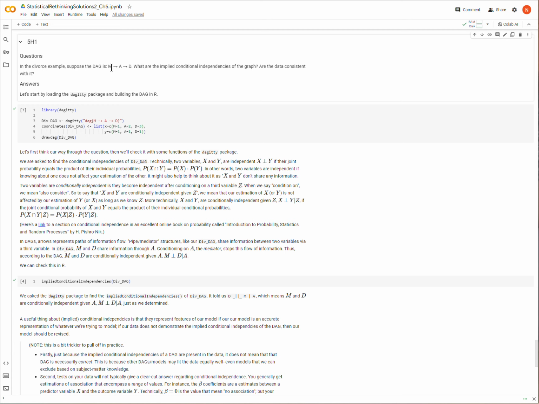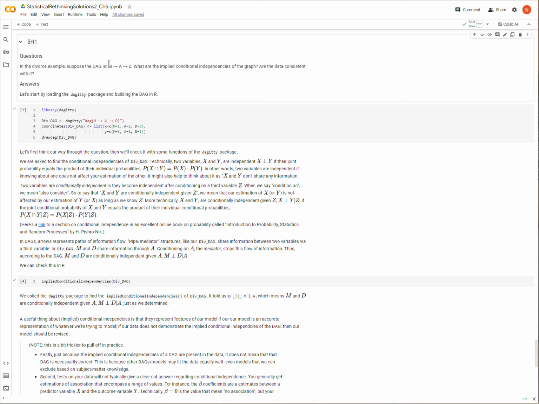And we are supposing that the DAG is this pipe here: M affects A affects D. It asks us to find the implied conditional independencies of this DAG, and then to evaluate our data and ask, is our data consistent with that DAG?